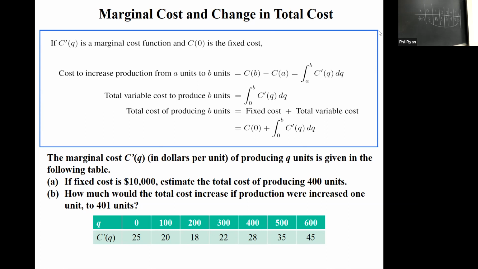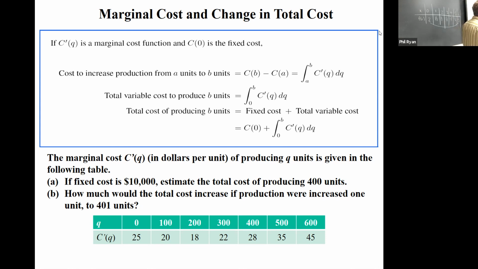Total variable cost is just the integral of the marginal cost function. And that gives us a nice formula. So this formula here is just putting the fundamental theorem of calculus and translating it to the cost function.